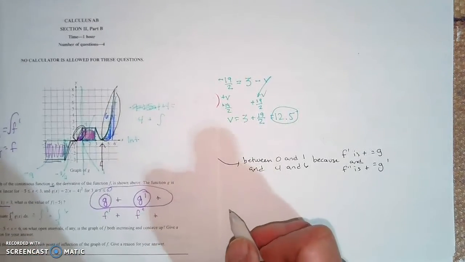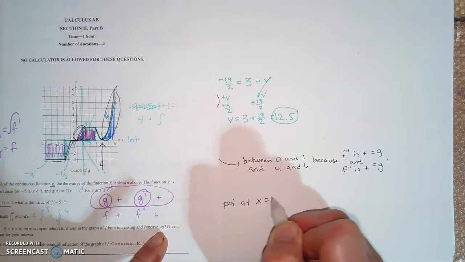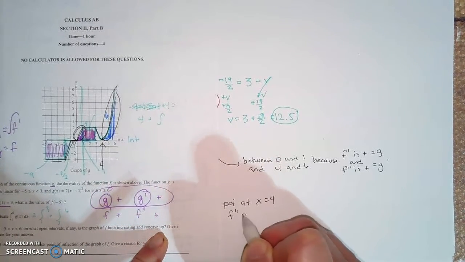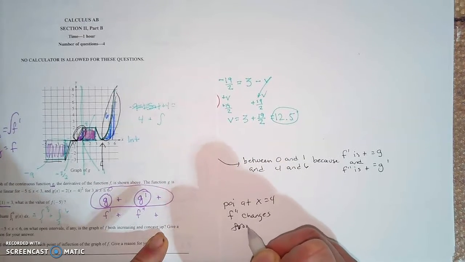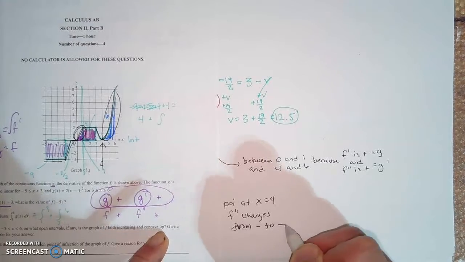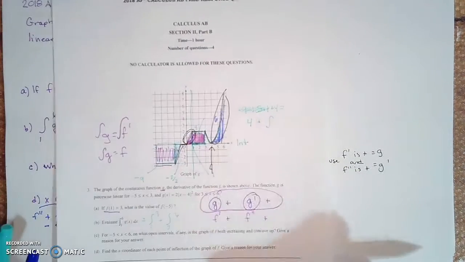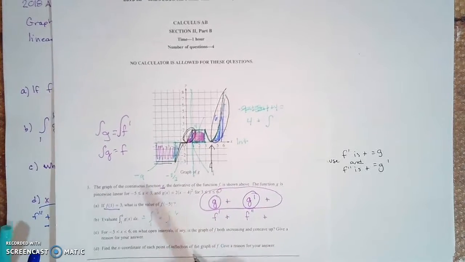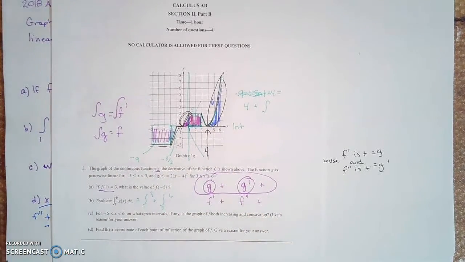So if they asked me to write down what those points of inflection were, there's a point of inflection at x equals 4 because f double prime changes from negative to positive. You can put more information in there, but everything about points of inflection and changing directions is just about changes in first derivatives or second derivatives, changing from positive to negative or negative to positive.